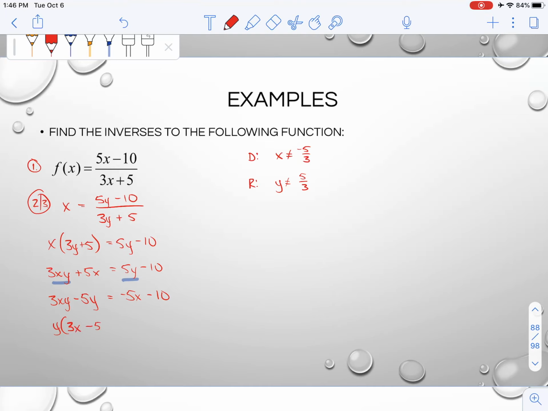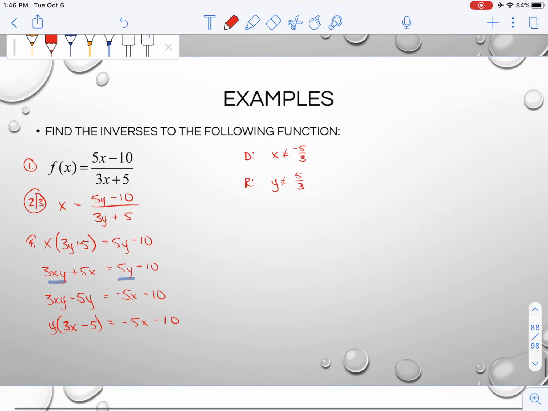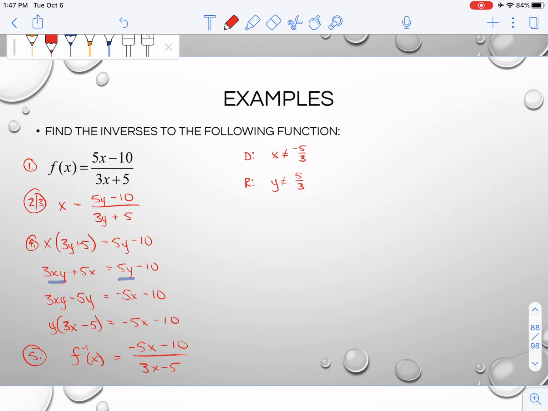I'm going to have y times 3x minus 5 equals -5x minus 10. And my last step then, here in step 4, is that I'm going to divide everything by 3x minus 5. And I'm going to end up with f inverse of x equals -5x minus 10 over 3x minus 5.